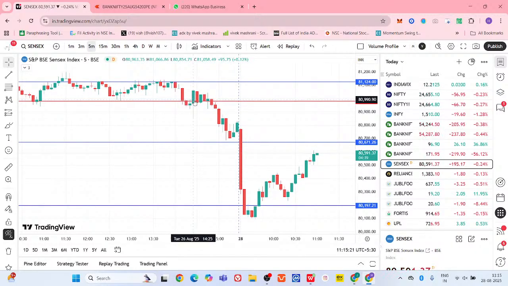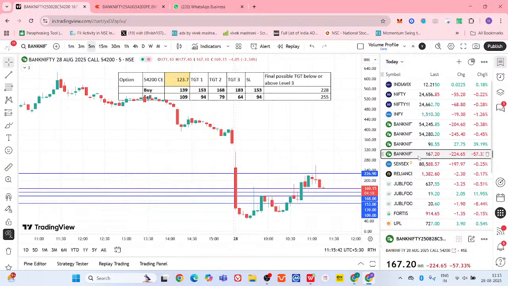After that, it gave this. See, this is all fake outs, fake trades. Here it went up and then see how it broke. Same happened with Sensex, not with Nifty. Bank Nifty and Nifty on Tuesday were completely bearish. Now let us see whether these levels will work.